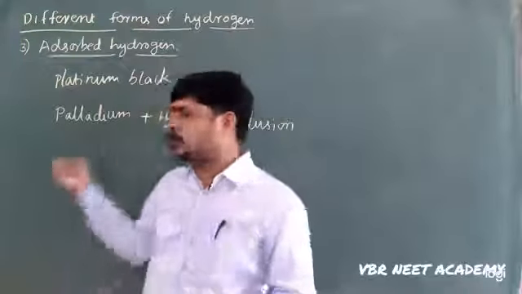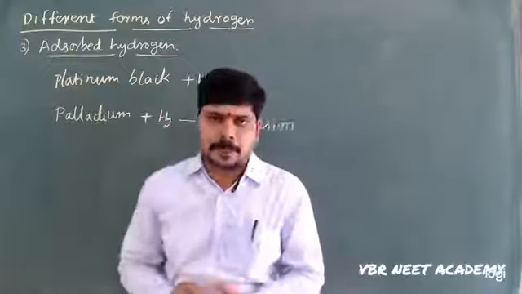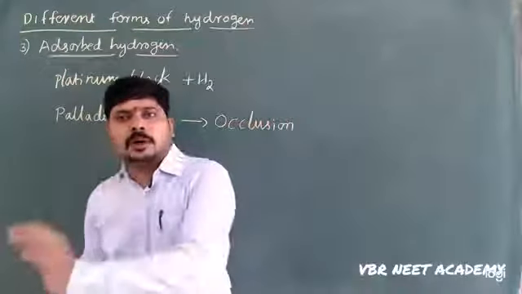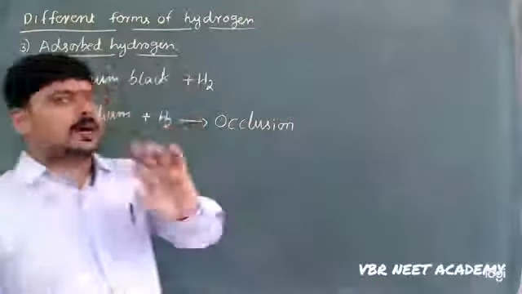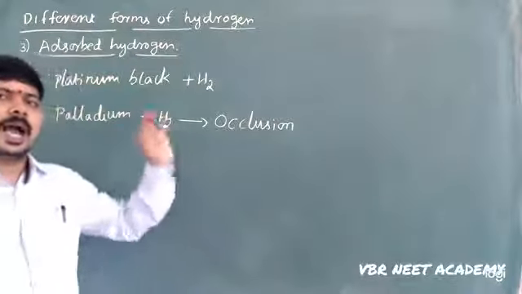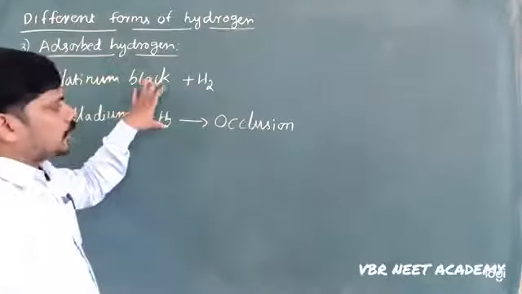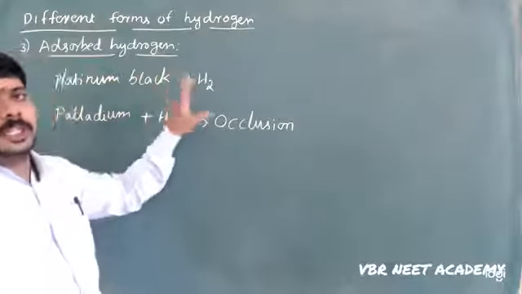That is the only thing we can say. The process we are using is occluded hydrogen. Understand? The adsorbed form of hydrogen and the occluded form of hydrogen, both of them are useful for the hydrogenation or reduction reaction. So these two are examples of adsorption.